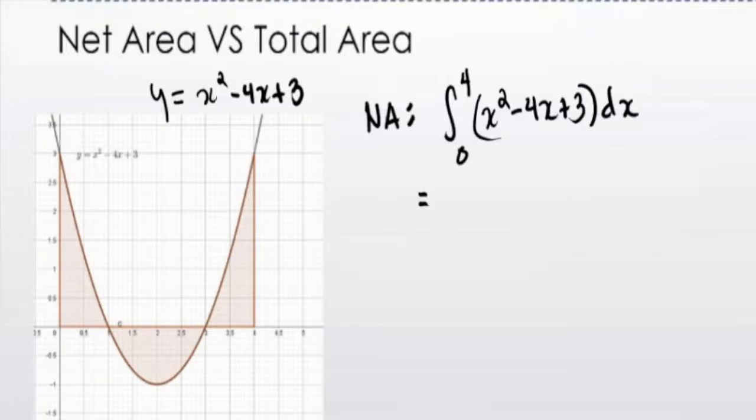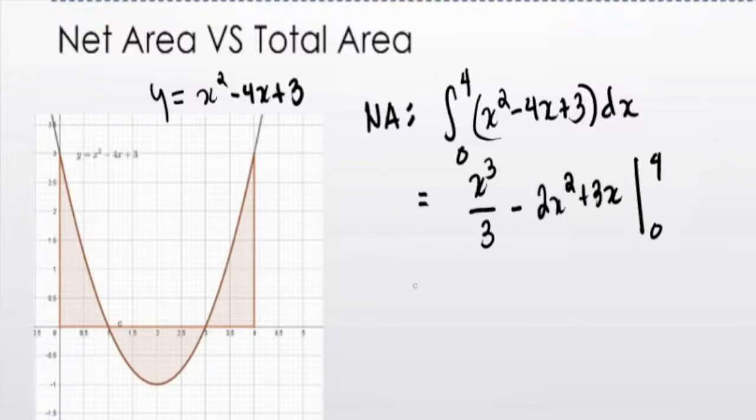This one is x cubed over 3 minus 2x squared plus 3x. We evaluate this from 0 to 4. Again, 0 yung lower bound, so no need to do anything about it.